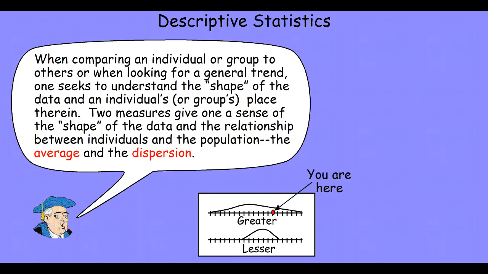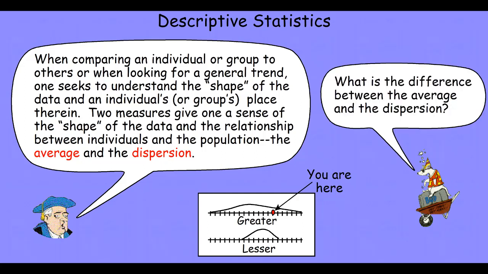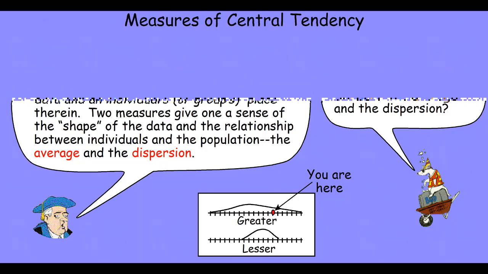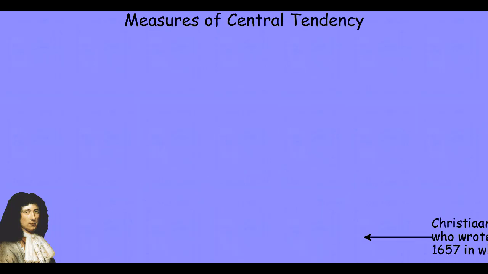So in effect, this is at least part of what we're trying to do when we're looking at descriptive statistics. You might wonder, what is the difference between the average or central tendency and the dispersion? Well, let's start with that notion of central tendency.